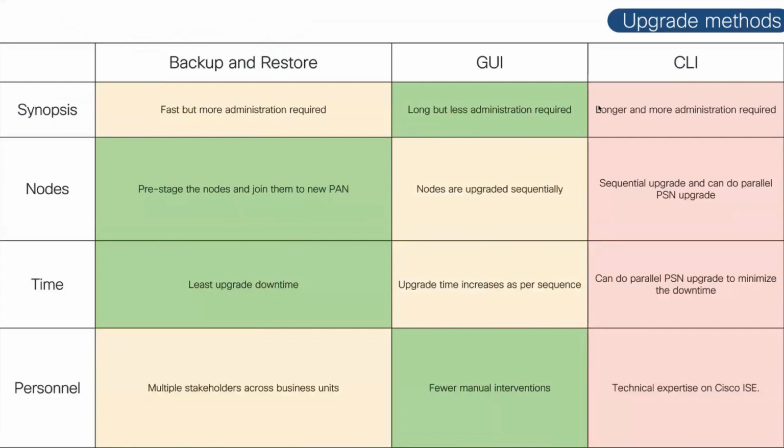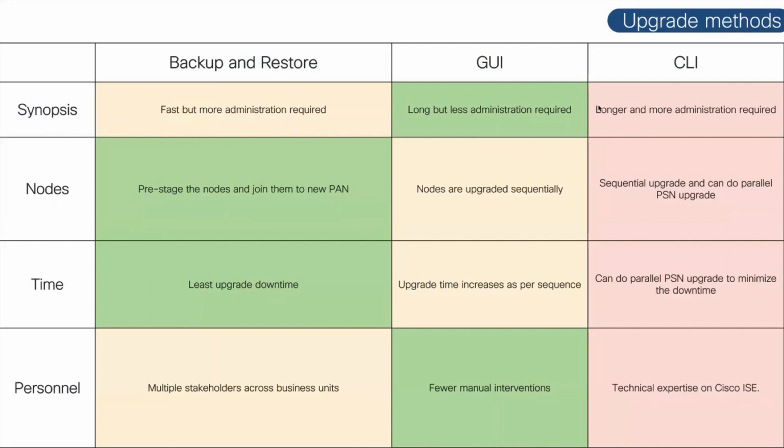If you're looking to upgrade your deployment with the backup and restore method, it is faster, but a lot of administration is required. If you are not sure what exactly needs to be done during the migration process, you could do it with the GUI, but it takes a little longer than the backup and restore method.